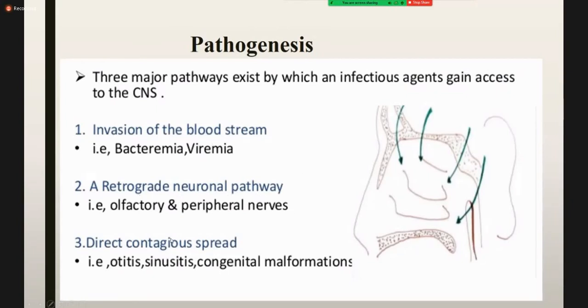The third pathway by which pathogens may access the spinal cord or brain is direct contiguous spread. For example, your patient has a history of otitis media or sinusitis or certain types of congenital malformation which will give access to those pathogens towards the meninges or structures of the brain.